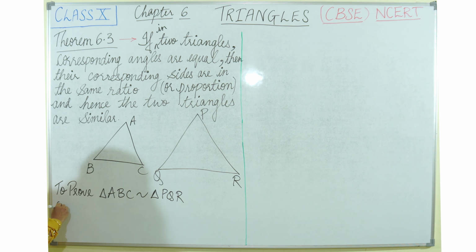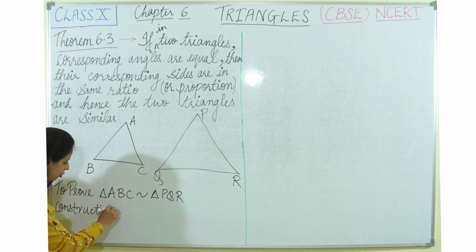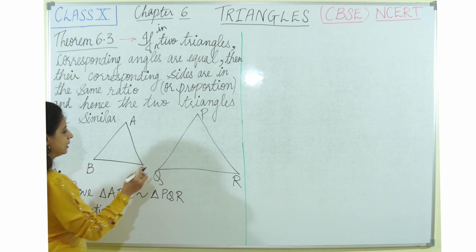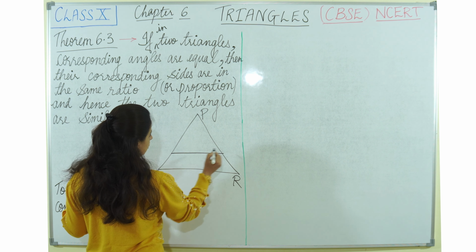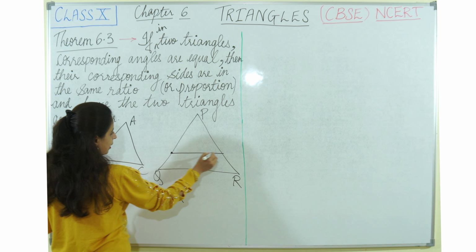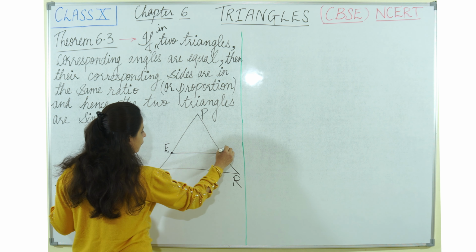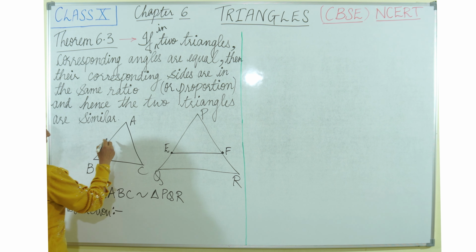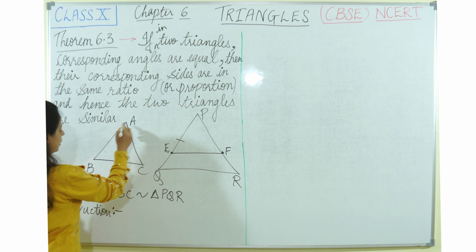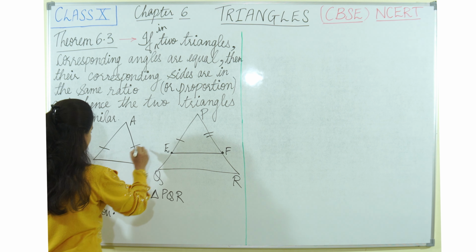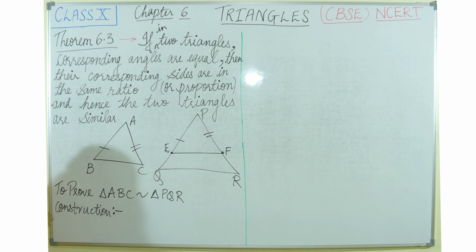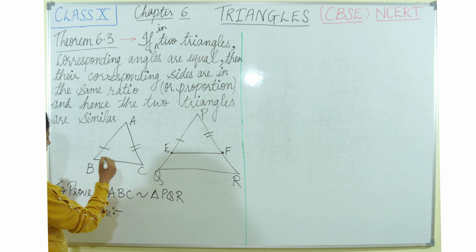So one construction we will be doing in order to prove this theorem. The construction is that we will be drawing a line segment, let us say the line segment EF, such that PE is equal to AB and PF is equal to AC.